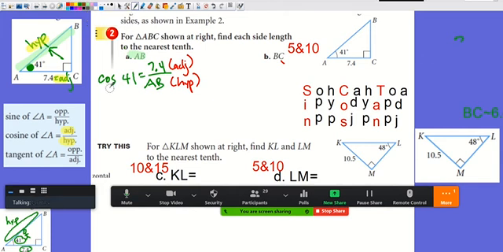We're just going to do what I call cross multiply. Invisibly it is over 1 there. And then we're going to cross multiply here. Watch what I'm going to do. Cosine of 41 times AB is equal to 1 times 7.4.